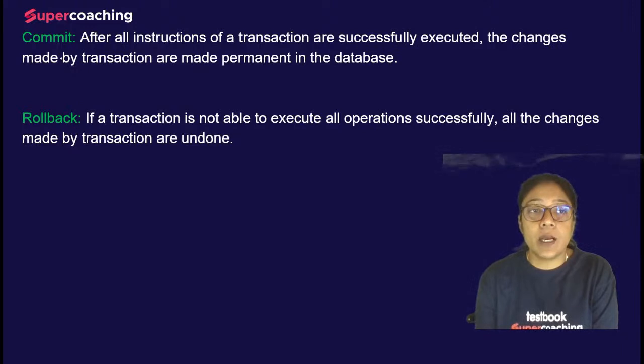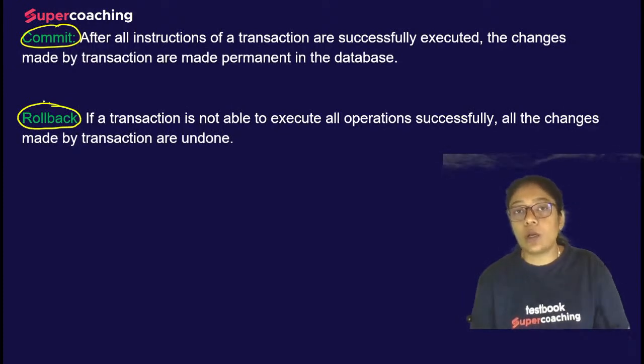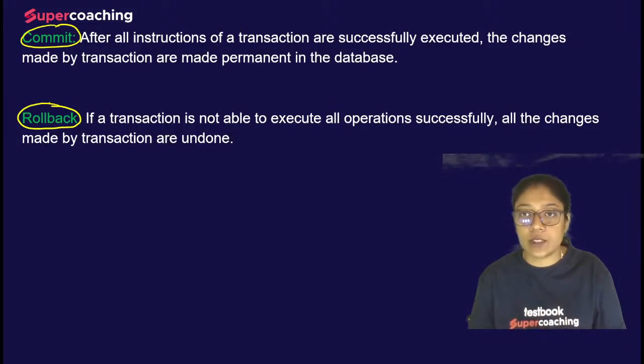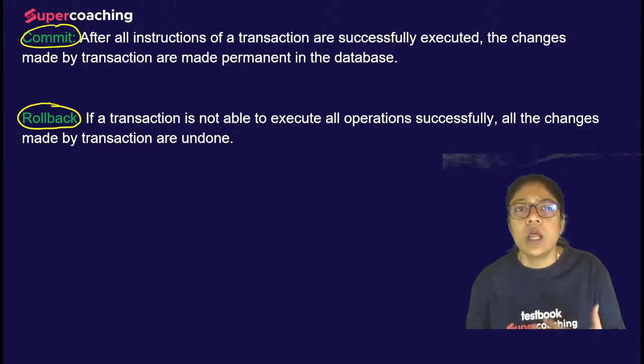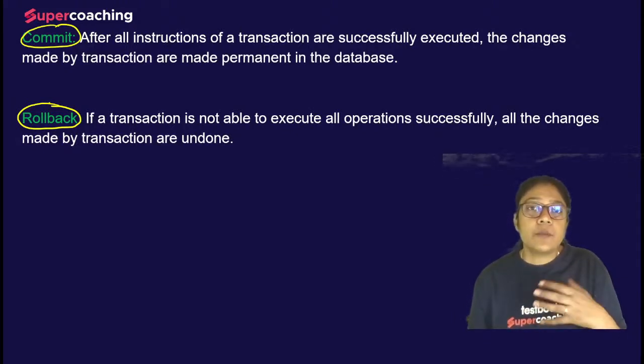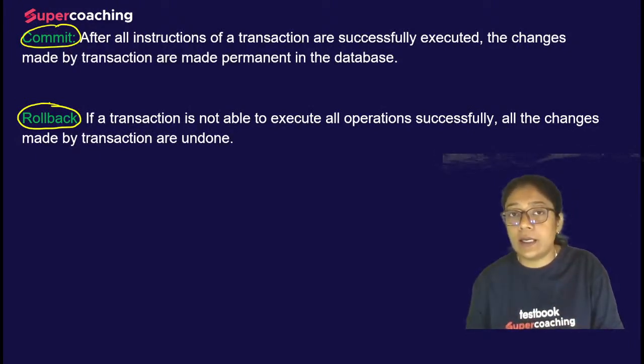Great. So I'll be using two terms very frequently. One is commit and the other one is rollback. Commit basically represents that whatever operations we have performed in the transaction, those changes have to be made permanent in the database. For example, when you are working on some Excel file or some Word file, after making the changes you save your data. Why do we save data?